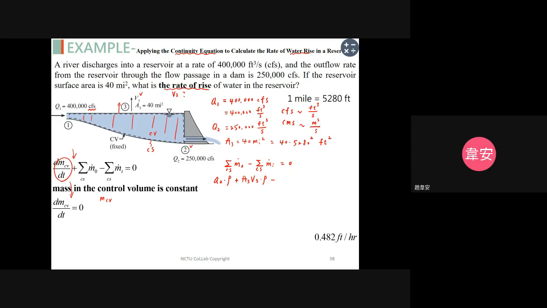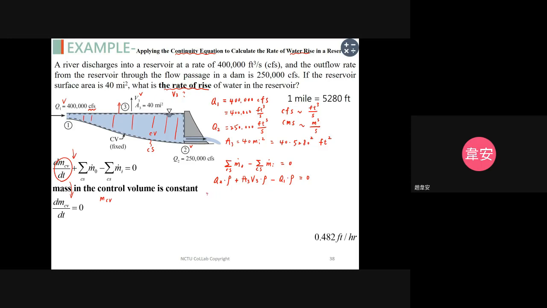We only have one inflow, Q1, so this is Q1 multiplied by rho, and finally it is equal to 0.